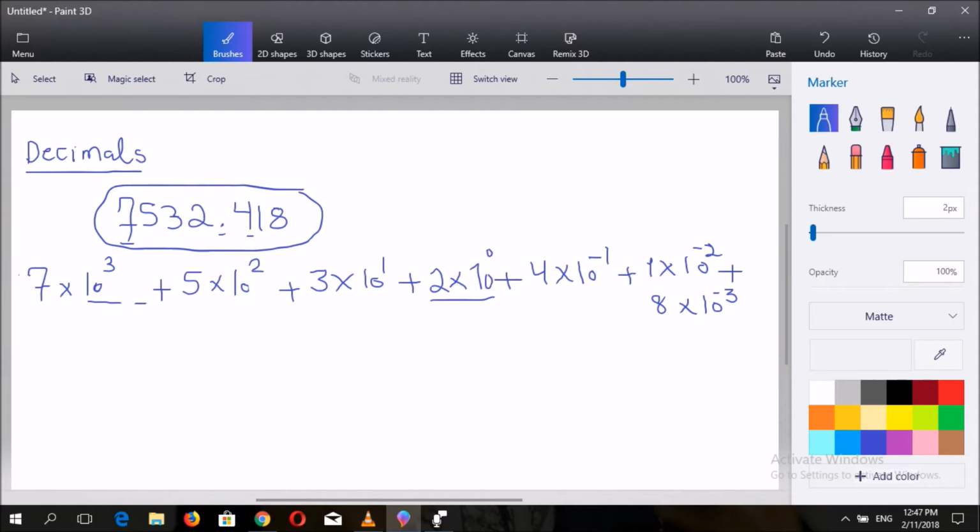How about 8? It is the third number, so it should be multiplied by 10 raised to the power minus 3. So this is the mathematical expression that can be used in order to express the value of this decimal number.